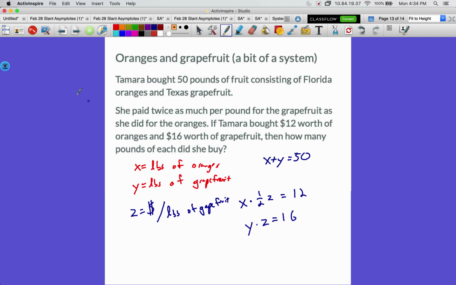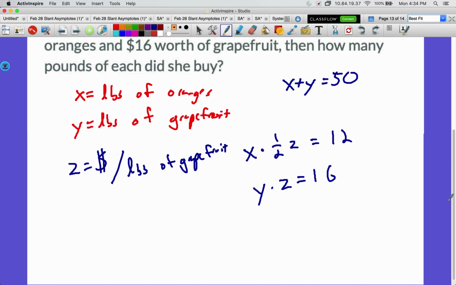Let's go ahead and try and solve this. I could isolate X and Y and plug them into this equation. I'll do that. So for this equation here, let me write it like X times Z over 2 equals 12.